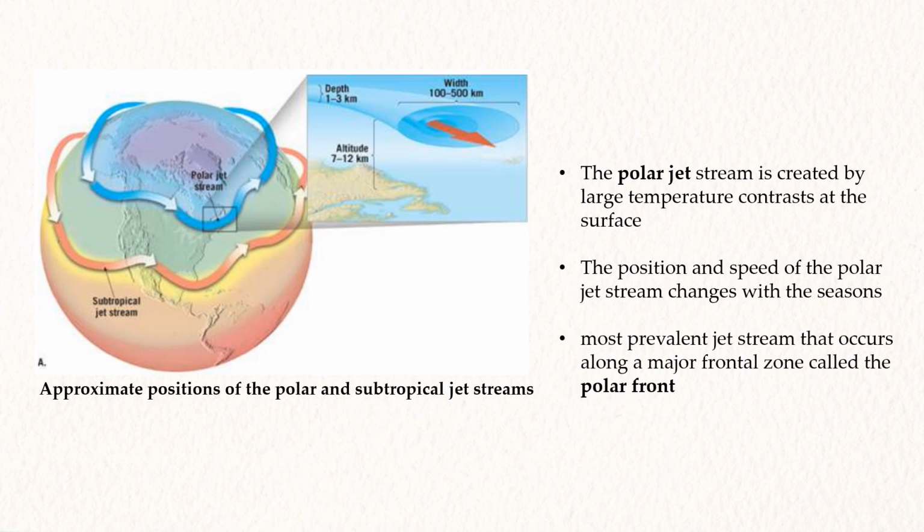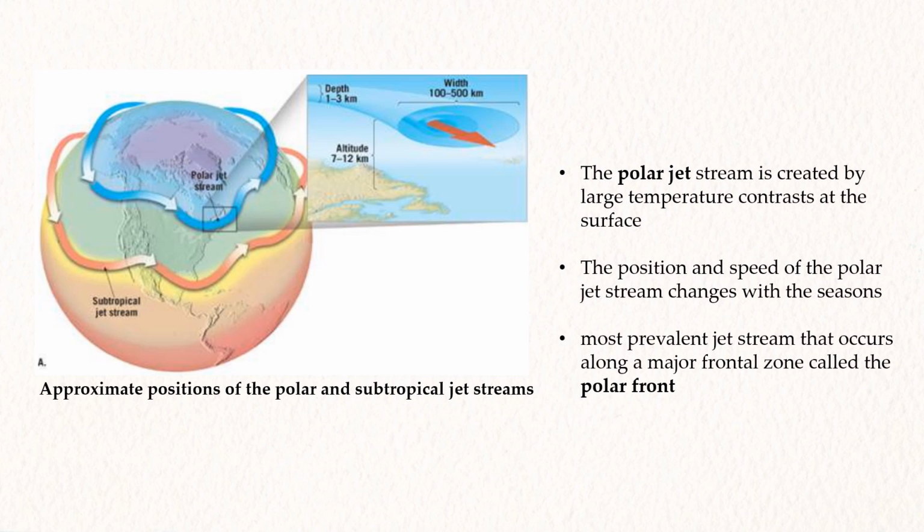And this polar jet stream is the most prevalent jet stream that occurs along a major frontal zone called the polar front, because where you find this large temperature contrast, there is a long, narrow linear zone of fronts, and one of these major frontal zones is the polar front.